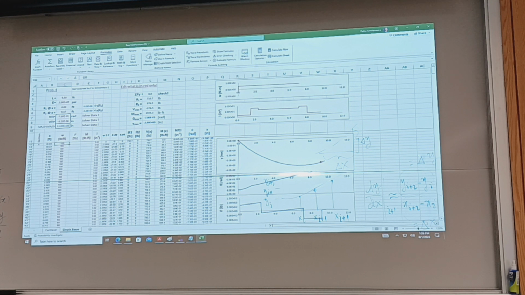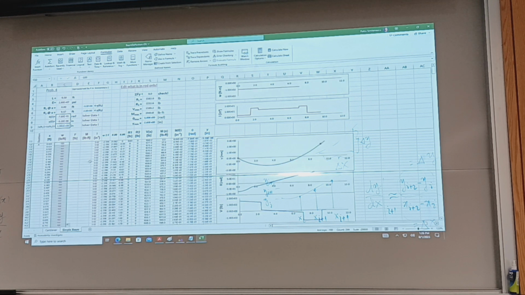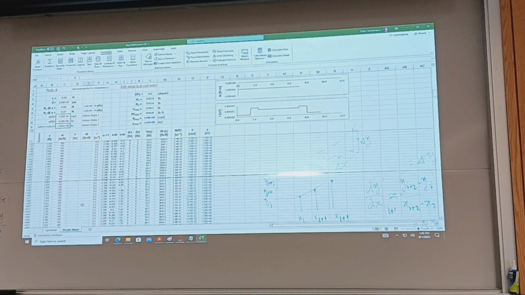All right. Concentrated forces, I could plot them. Look at the graph. Okay, let's go back. And then concentrated moments. You can have concentrated moments at some location.